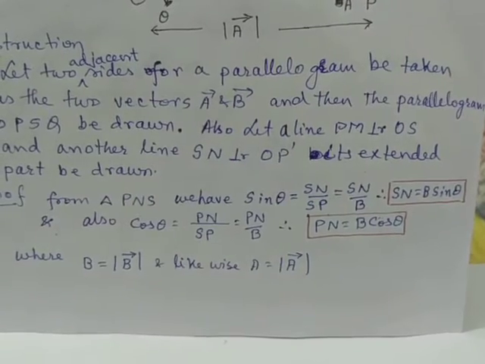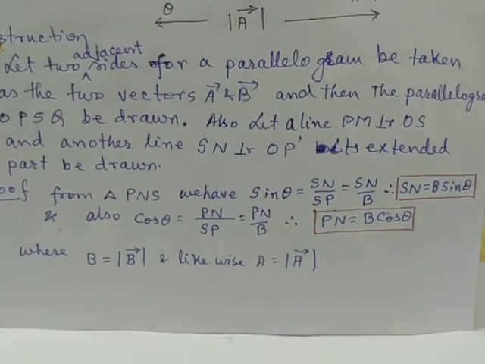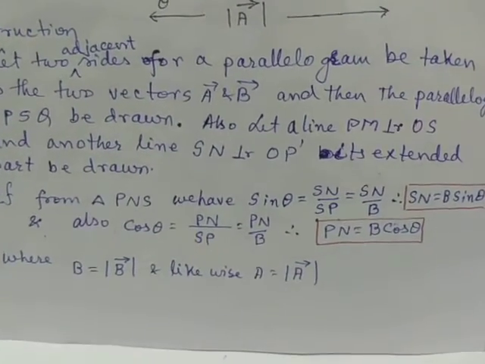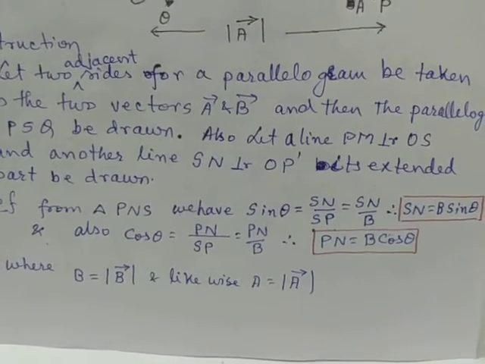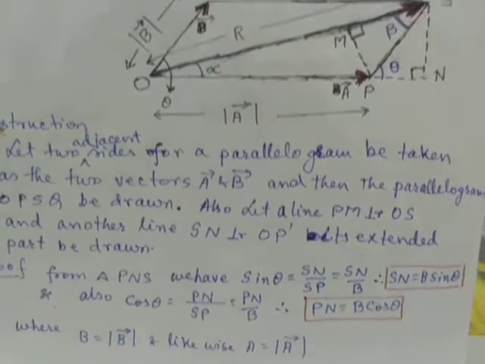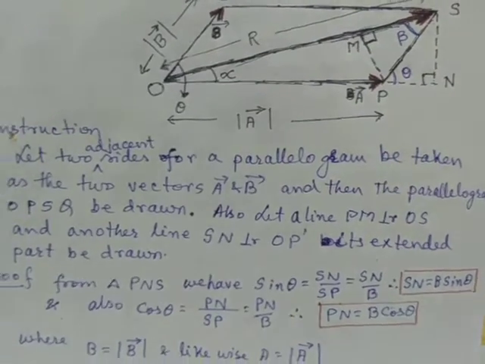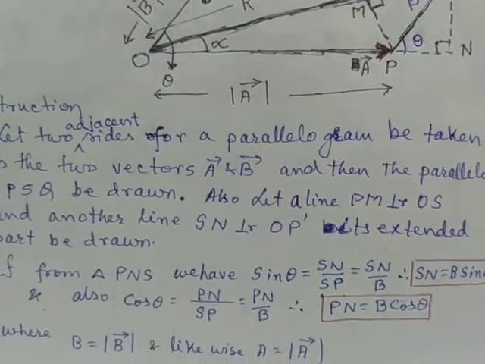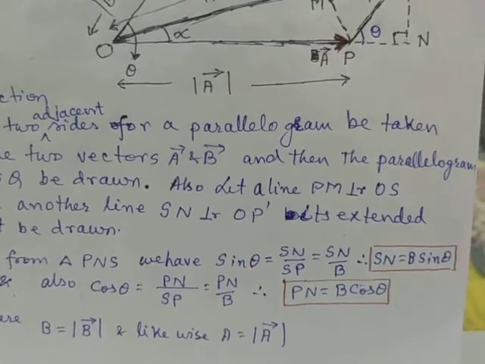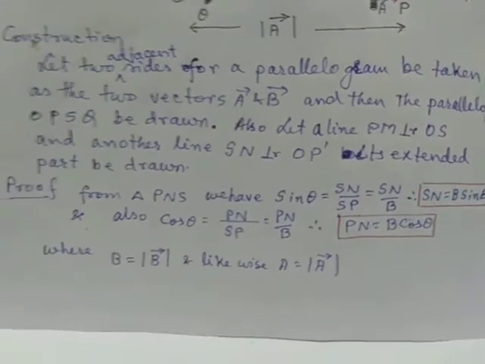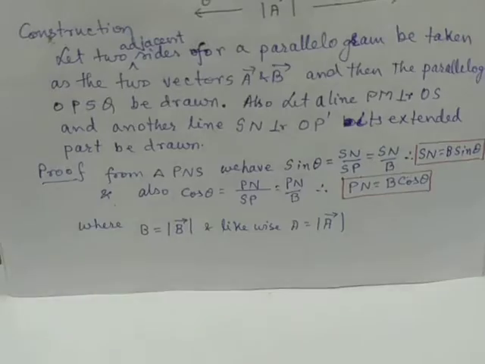Again, from this triangle, cos theta is base upon hypotenuse, that is PN upon SP, and so that finally gives PN equal to B cos theta.